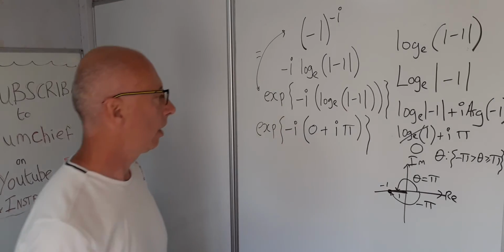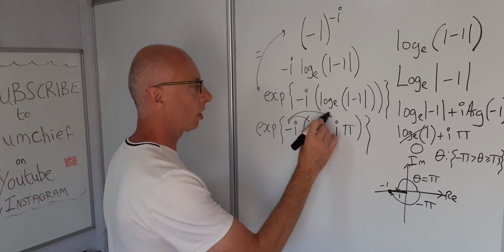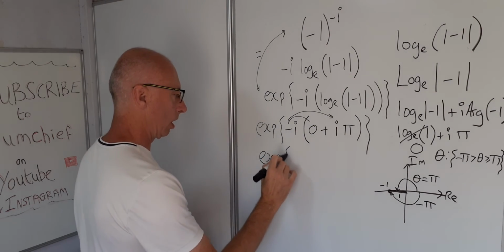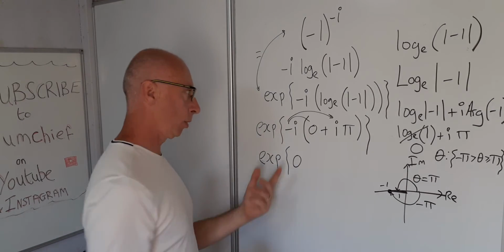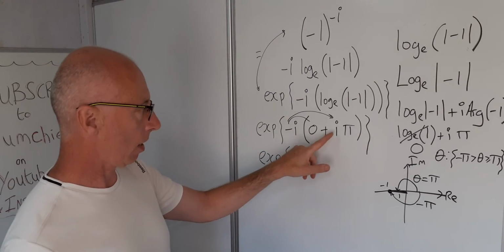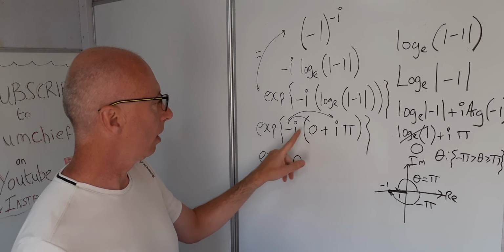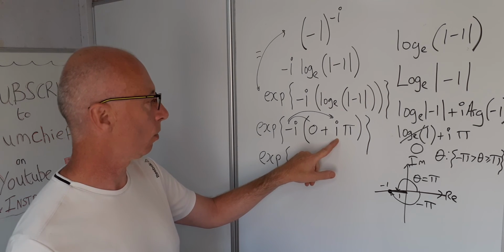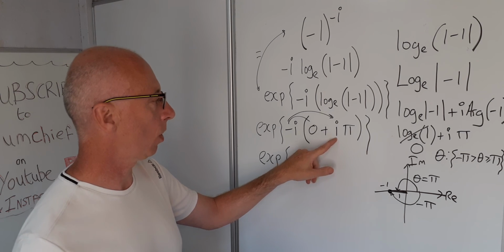Now what we're going to do is distribute the minus i with these two terms. Exponential of minus i times 0, well that's just 0, minus i times i pi. We just have to be a little bit careful here. Minus i times i, well we know that i squared is minus 1, so minus i times positive i will be plus 1.